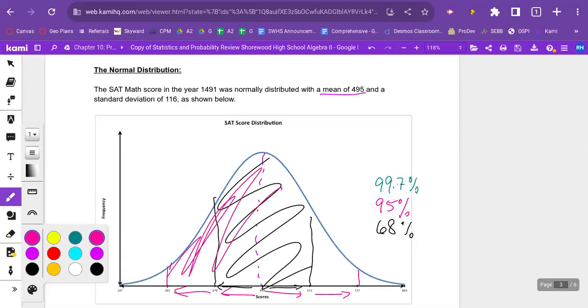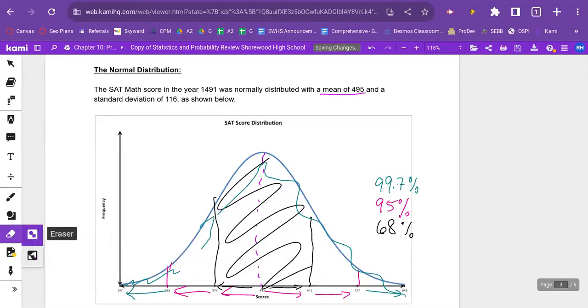So this region covers 95%, and then the last little one going all the way, well, it looks like it's almost all the way, but it's not quite. It's 0.3% of data still remaining outside of those two, but this is the 99.7.